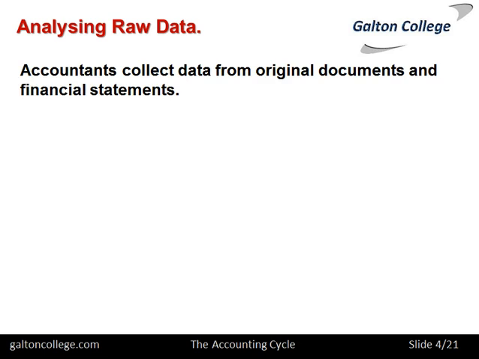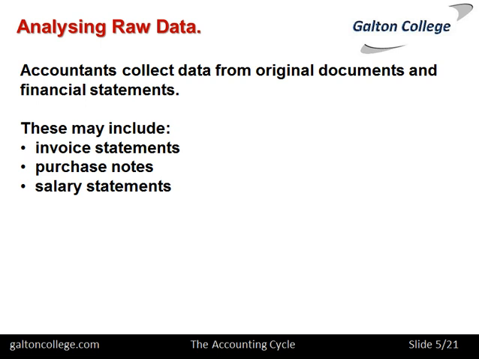So they collect the raw data from original documents and financial statements. So purchases, sales, salaries, equipment, all of them have a financial aspect and it will all be recorded. And it's from this information that the accountant prepares the final accounts.